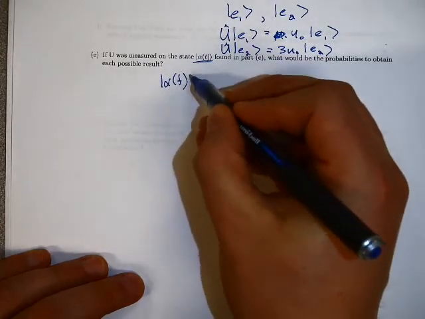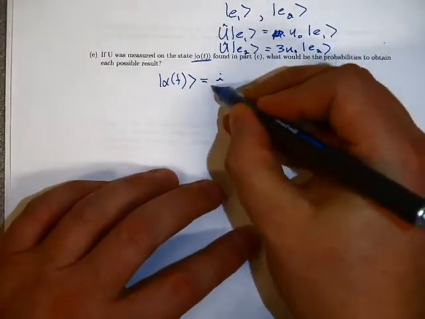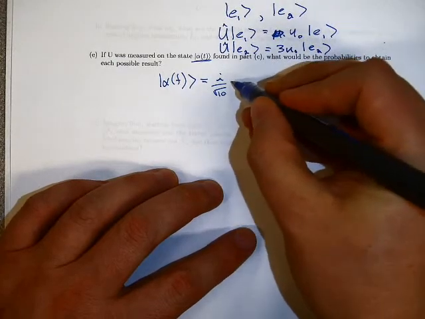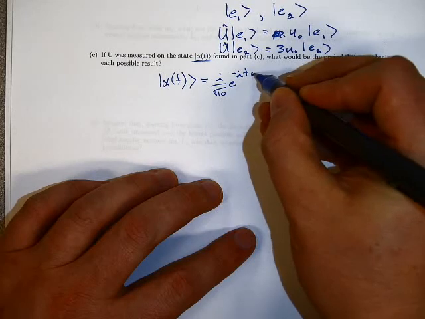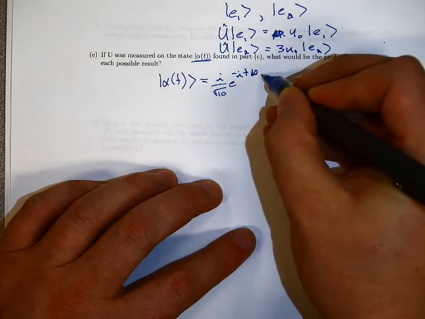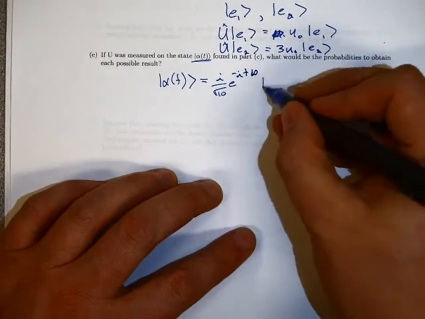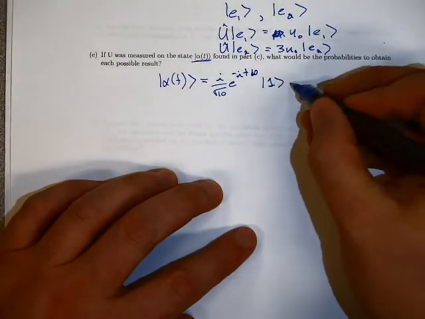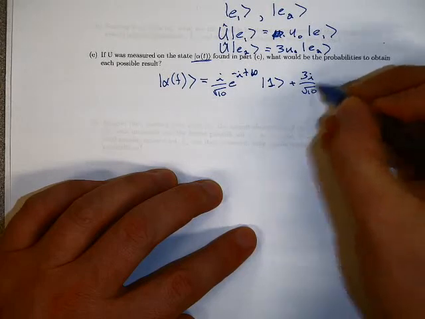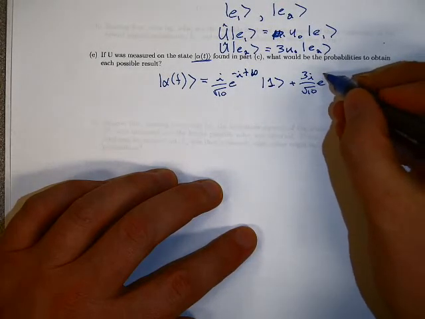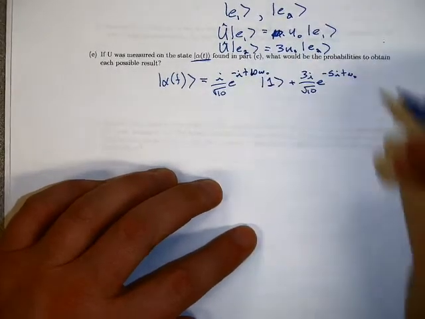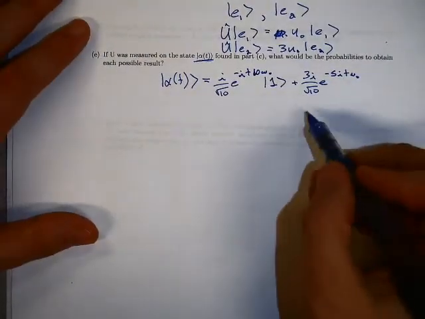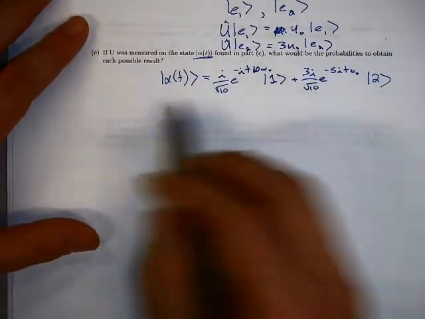So what we need to do is take our alpha of t, which we had from the previous page: i over root 10 e to the minus i t omega naught times state 1 plus 3i over root 10 e to the minus 5it omega naught times state 2. So there was our alpha of t.